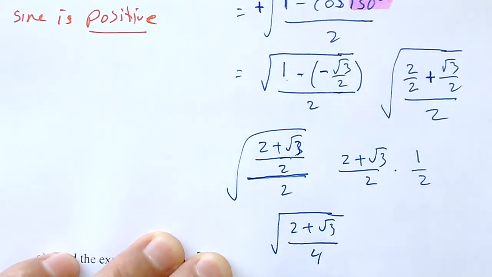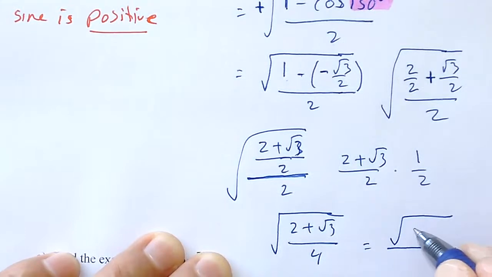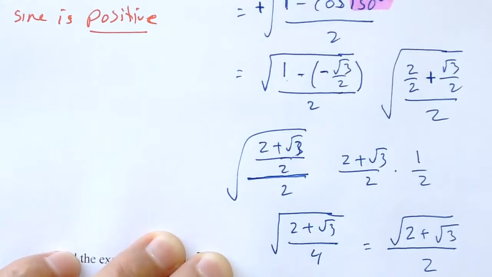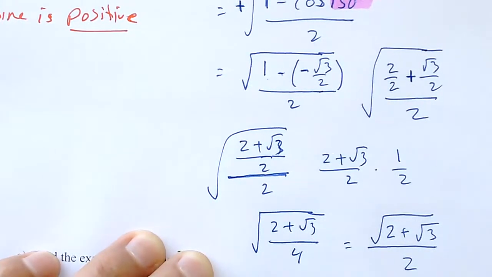Just like on part A, you cannot take the root of the numerator because there's a root inside of that. But you could take the root of 4. That's simply a 2. So the sine of 75 degrees is equal to that.